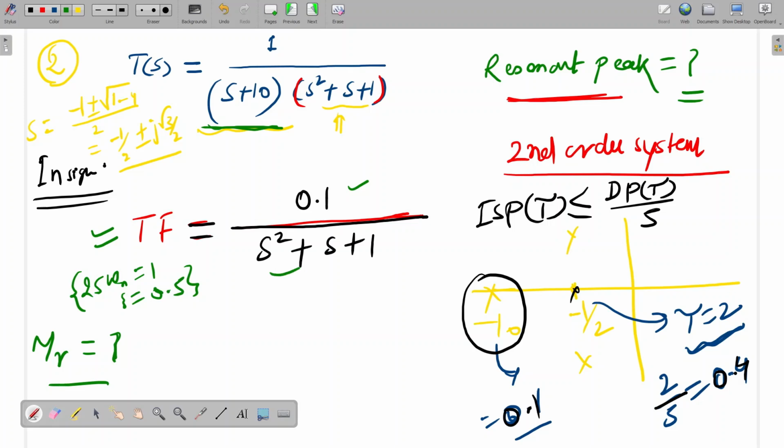Omega n is 1, 2 zeta omega n is 1, so zeta will be equal to 0.5, correct? Now what will be the MR value? I am also calculating, you also calculate. So 0.5 into root of 1 minus 0.5 square. How much are you getting? How much is the value?